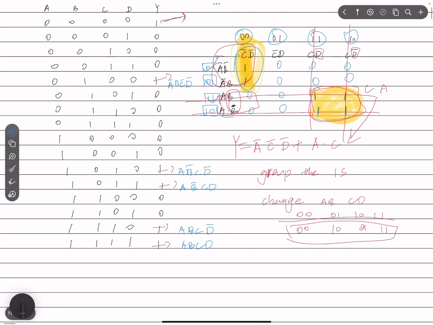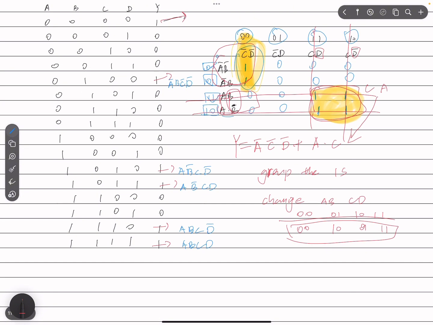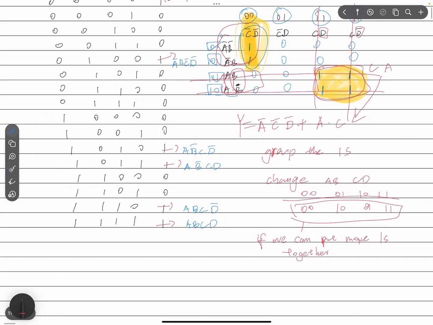We can always change the order, if that can give us more ones together. That will just help us simplify the circuit more.